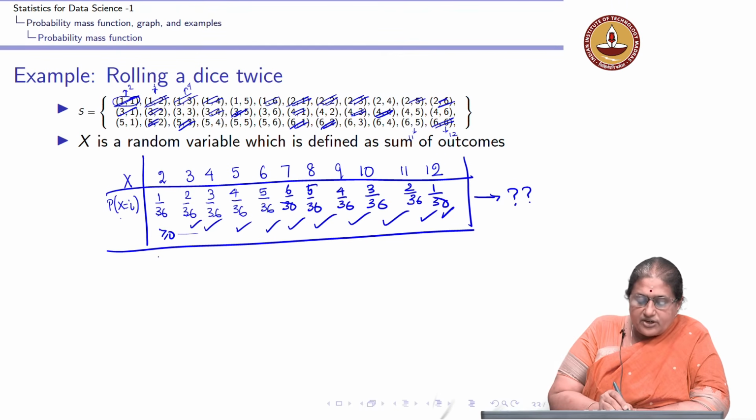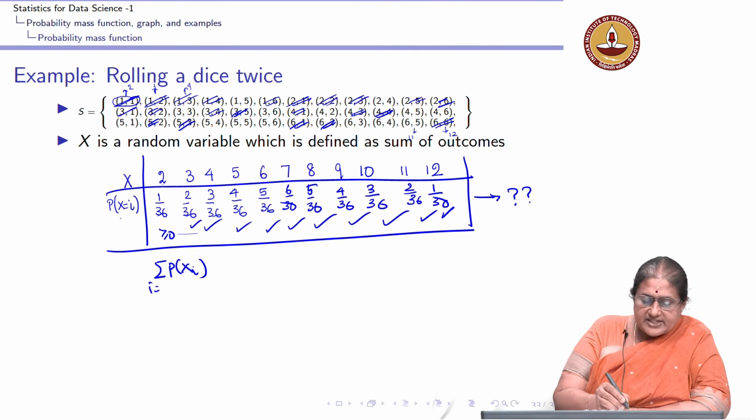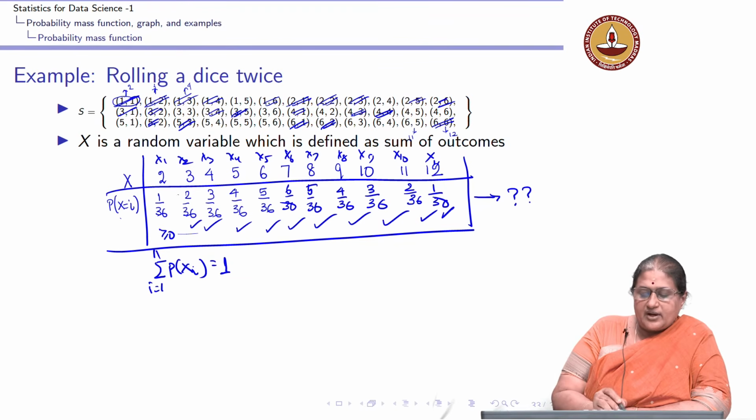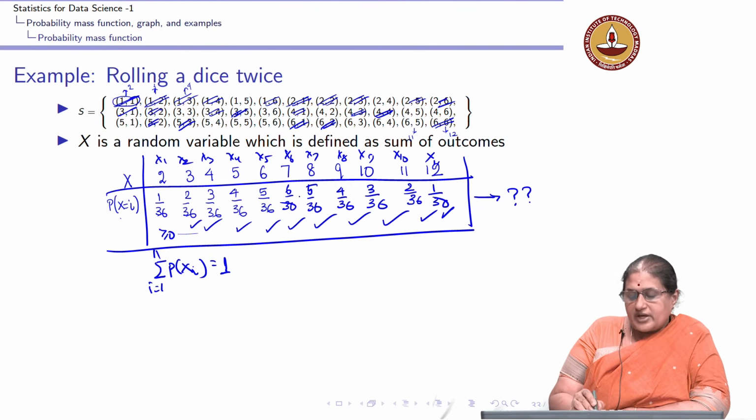The second thing we need to verify is the sum of all probabilities over all x i, so this is x1, x2, x3, x4, x5, x6, x7, x8, x9, x10 and x11, i going from 1 to 11, should be equal to 1. 1, 3, 6, 10, 15, 21, 26, plus again you can see 10 is 36.